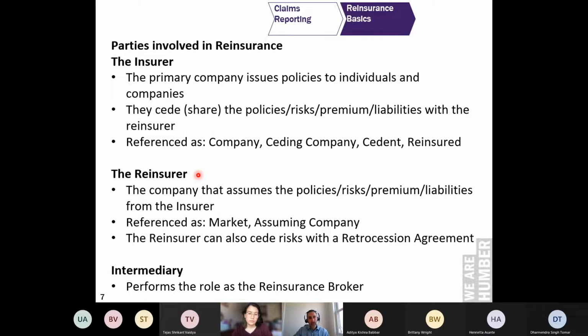So then Swiss Re would have a retrocession agreement with Munich Re. Munich Re would assume those risks from Swiss Re. Okay, so those are examples of the parties. And just like I might use a broker to place business with Intact, Intact might use a reinsurance broker to help them place their reinsurance program with multiple companies.